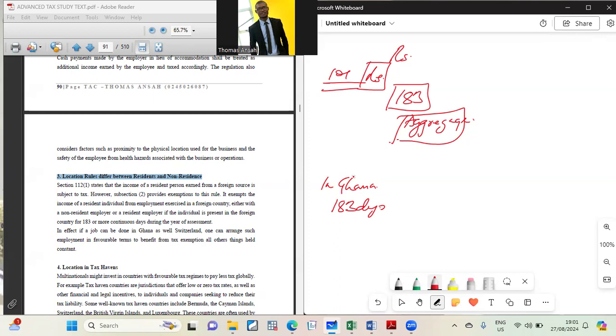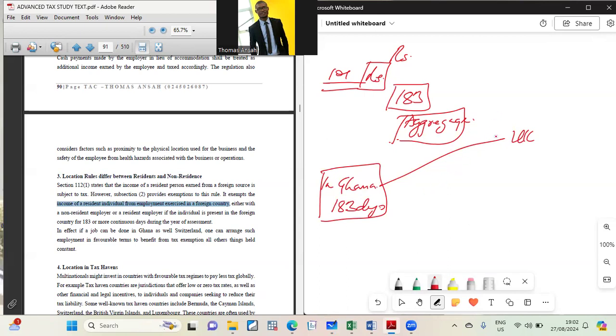Now, what this means is that so far as I'm a resident in Ghana, if I earn money in UK, I need to pay tax to Ghana. However, the law exempts income of a resident individual from employment exercised in a foreign country.